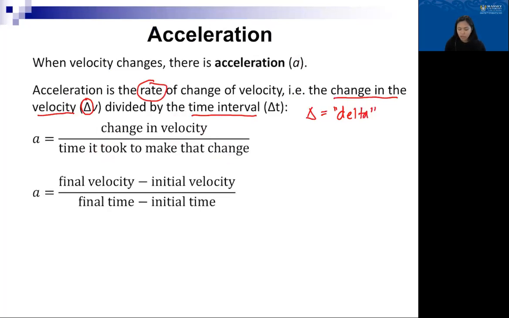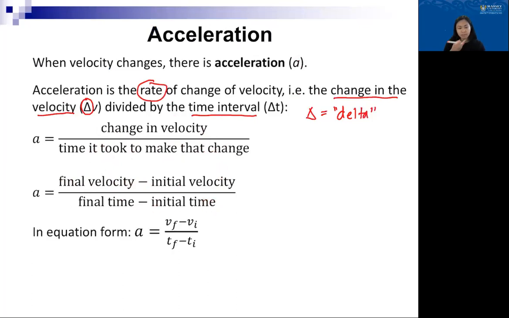So if we expand this definition, change means you have a final velocity minus an initial velocity. And the time it took to make that change, you also have this time interval, so you have the final time minus the initial time.